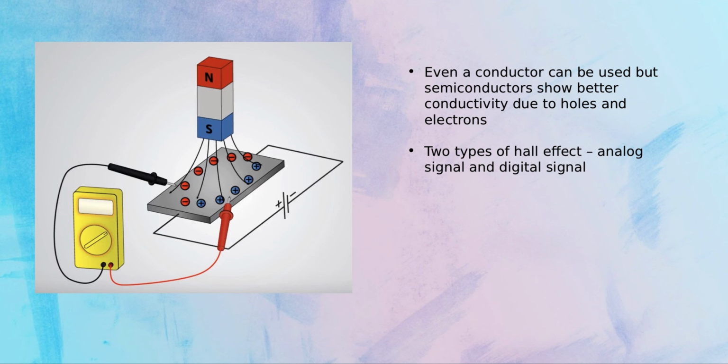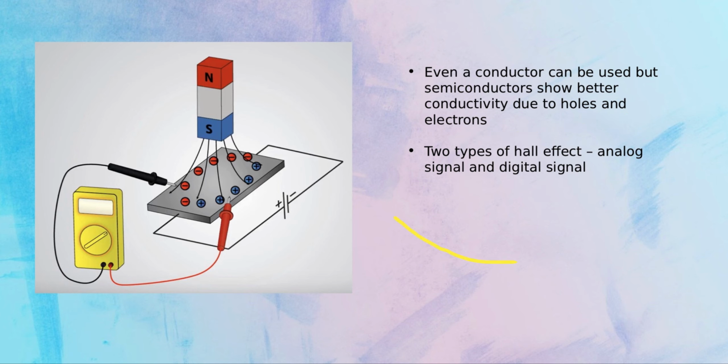Now, when I use an external device such as an ammeter to find if there is current flow, we can find that there is a potential difference created between the edges of the same device, and thus we have more current flow. In case I had just holes or electrons, then there is no potential difference and the reading would be zero. So as we saw above, even conductors could be used, but we use semiconductors since by default they have holes in them.